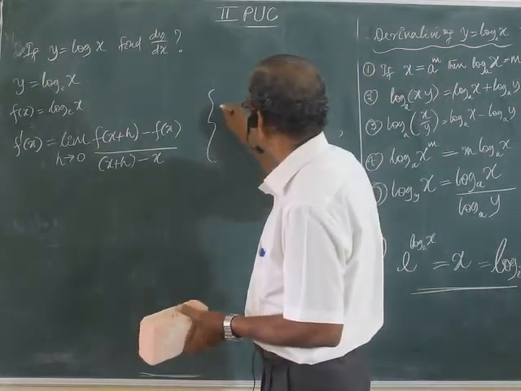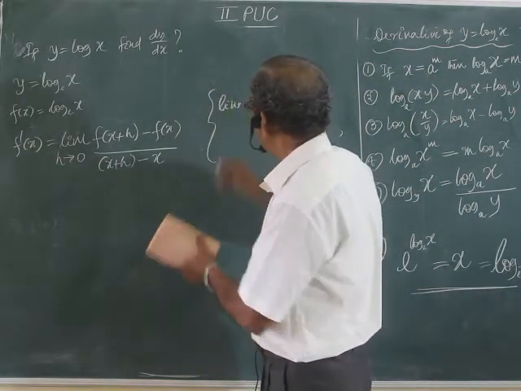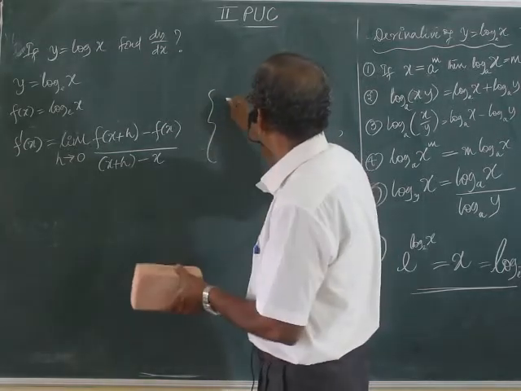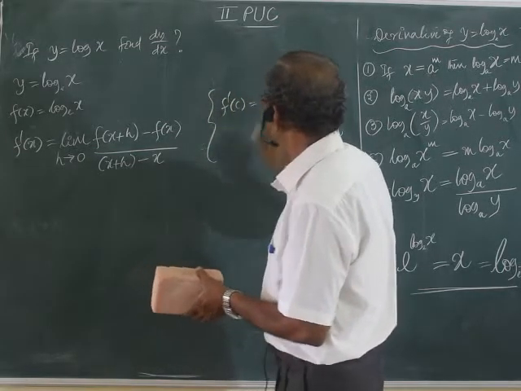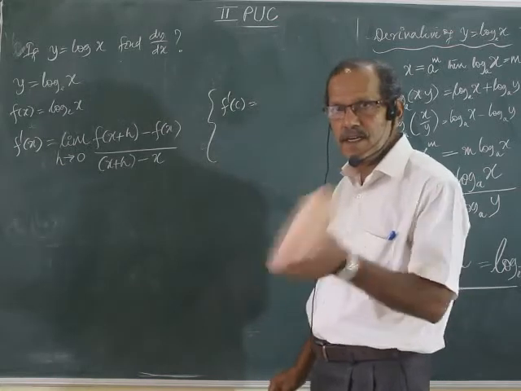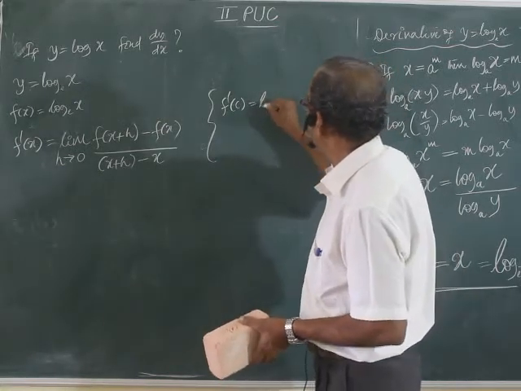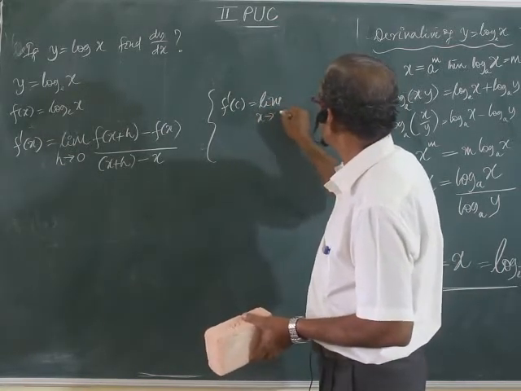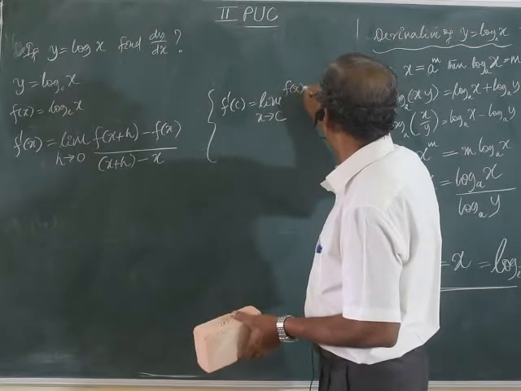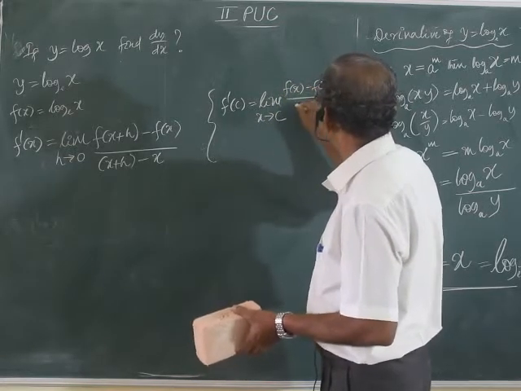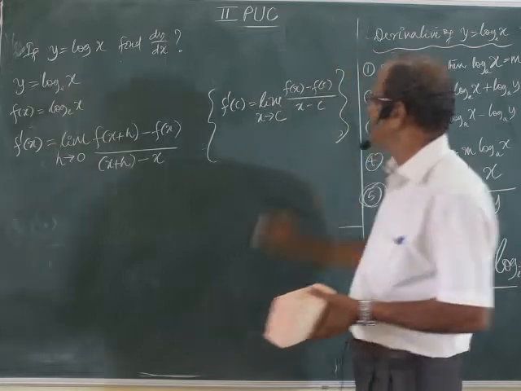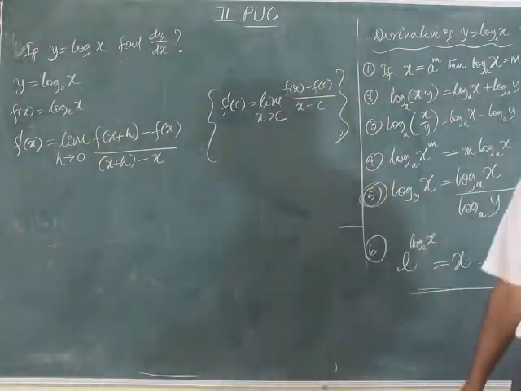If you have forgotten the formula, let me write which formula we are using: the fundamental formula. Limit x tending to c, f of x minus f of c by x minus c, which is f dash of c.